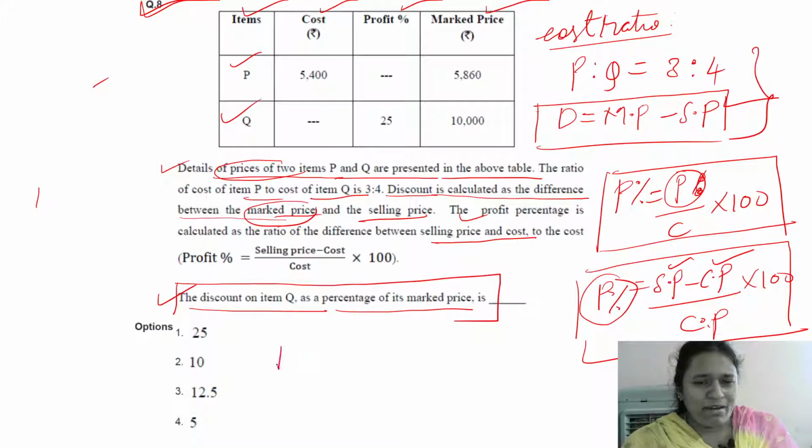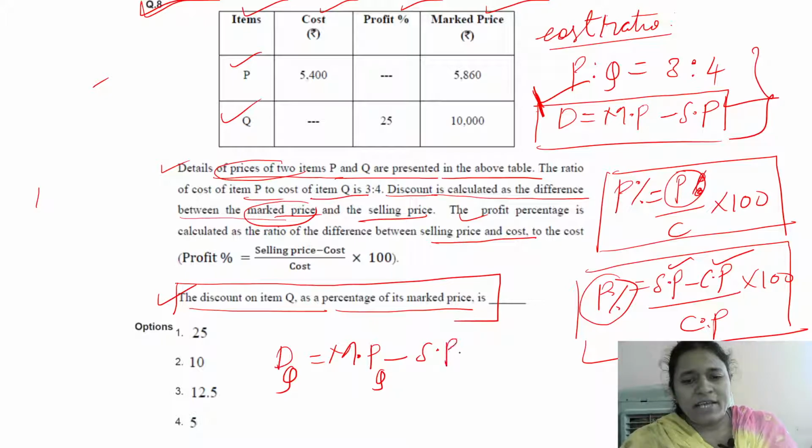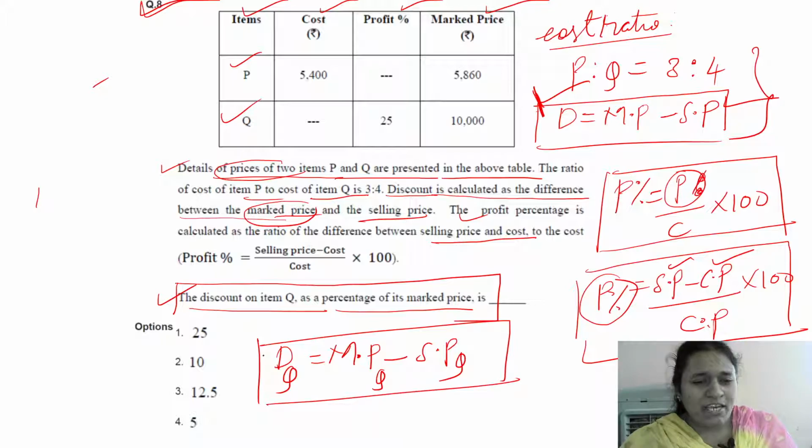We have to find the discount on item Q, that is, market price of item Q minus selling price of item Q, right? But the question is not asking about this. We have to tell this discount as a percentage of its market price.